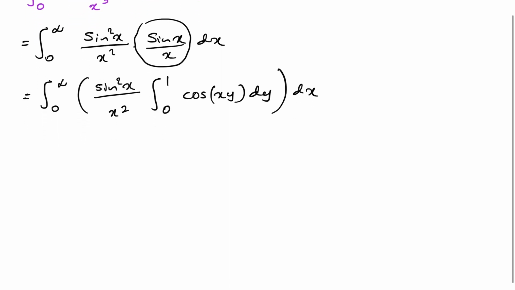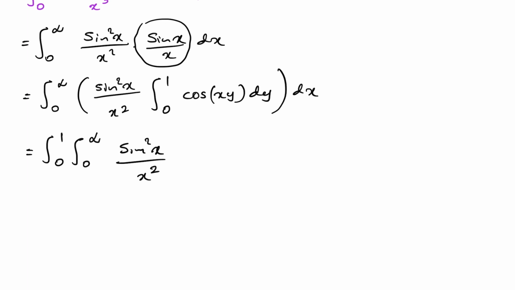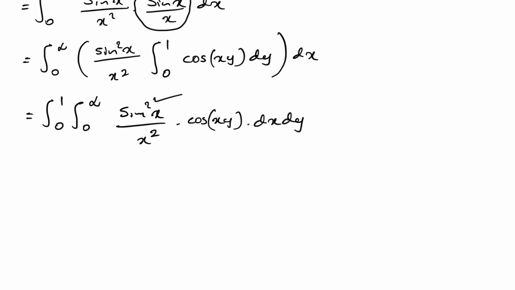Well, then we can switch the integral signs. So first the integral from 0 to 1, then the integral from 0 to infinity of sine squared of x over x squared, then cosine of xy, and here we have dx dy. Well, then we have sine squared of x, so we can rewrite the integral from 0 to infinity.